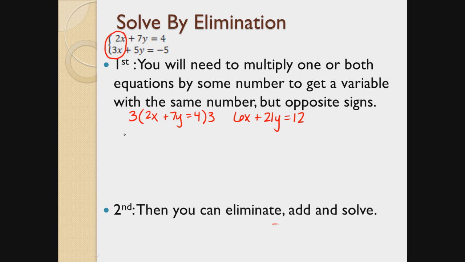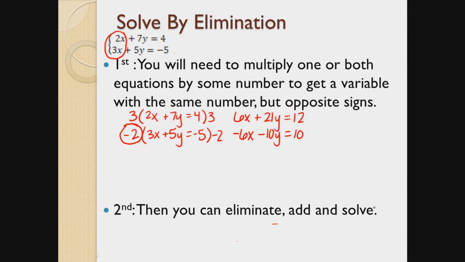Then I can take the second equation and multiply it by negative 2, so that I get negative 6x minus 10y equals 10. You want to make sure that one of them is positive and one of them is negative, which is why I chose to multiply the second equation by negative 2, creating the negative 6 that will eliminate with positive 6.